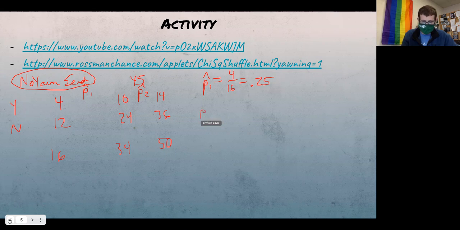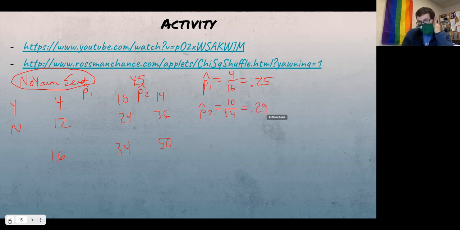Now p hat sub 2. So 34 got the yawn seed. How many yawned? Ten of them yawned out of 34, so we can figure this out, and we'll just round it to the nearest hundredth. 0.29.